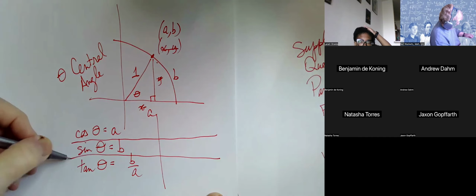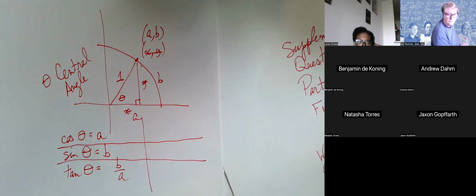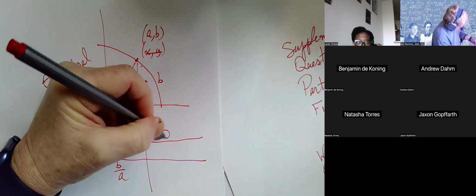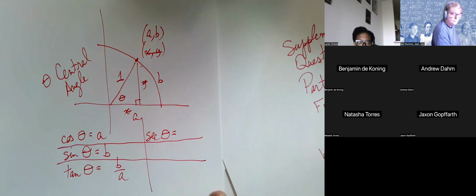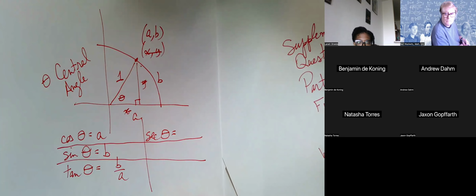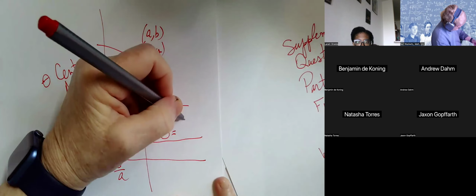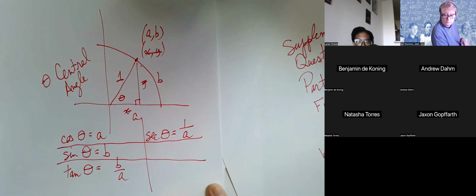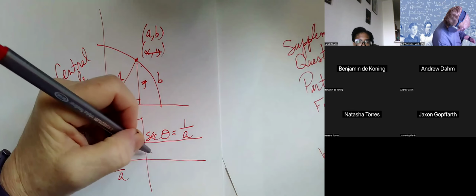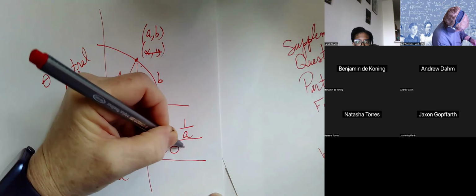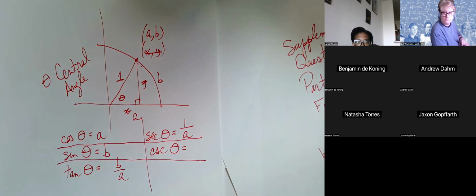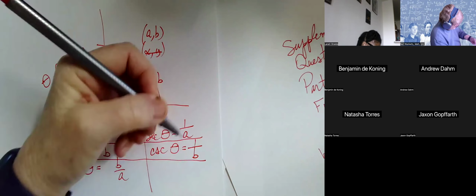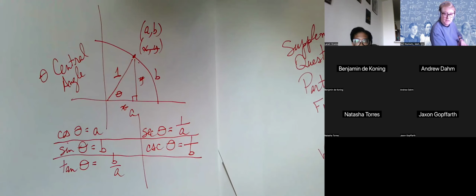Which function goes with cosine? Secant. Good. And how does secant go with cosine? 1 over a. Good. Yeah, they're reciprocals. And what function goes with sine? Cosecant. And how are they related? Reciprocal. Good. And which function goes with tangent?